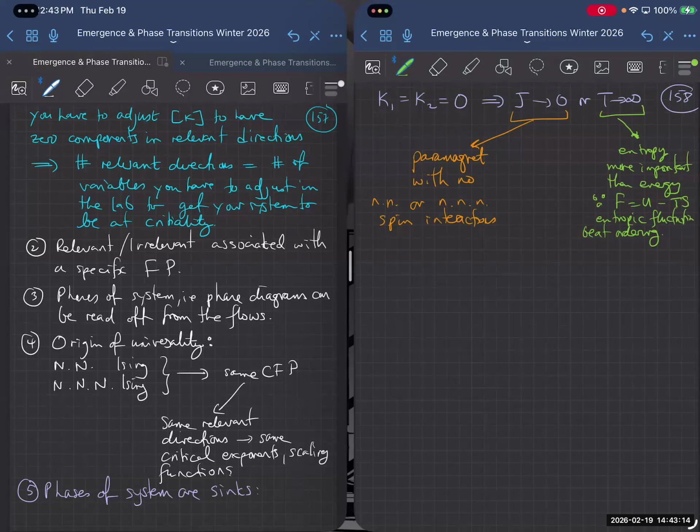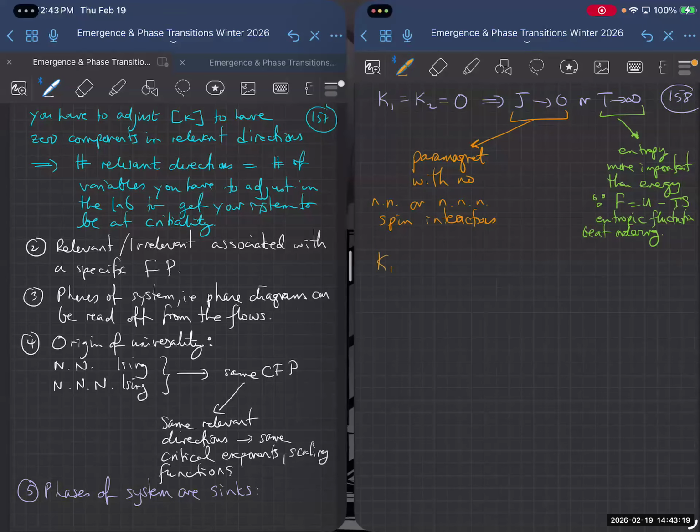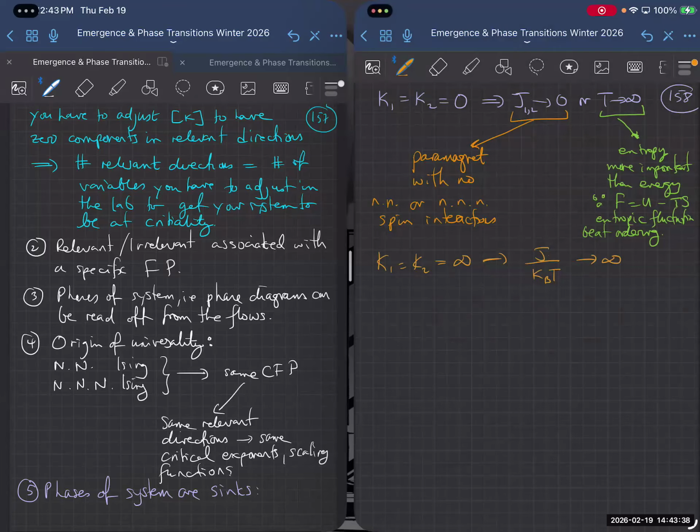And then the other fixed point was K1 equals K2 equals infinity, and so that means that J over KT goes to infinity. And when I say J here, I want to emphasize I mean both of them. So think of J1 and J2, the nearest neighbor and next nearest neighbor, they both go to infinity.